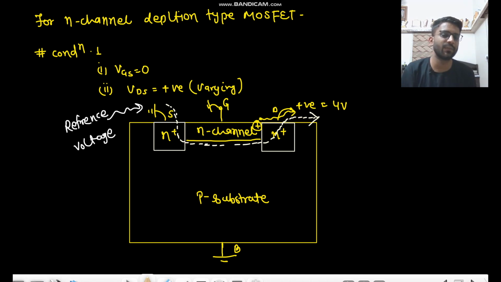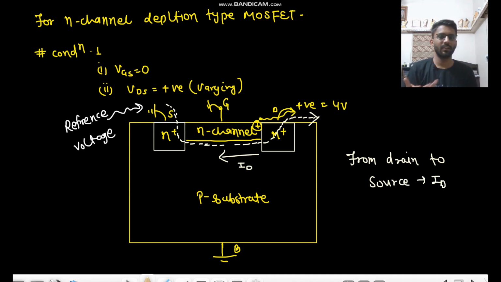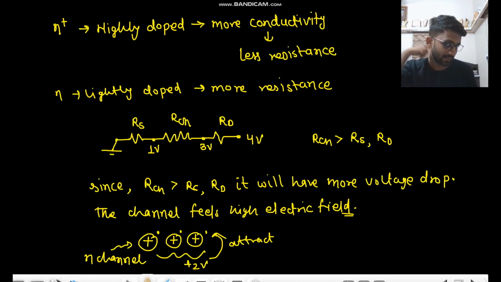So what is happening is that this 4 volt is attracting the electrons. If electrons are going in this direction, the current will flow the other way, because the current flows in the opposite direction of the electrons. So there will be ID current from drain to source, okay?